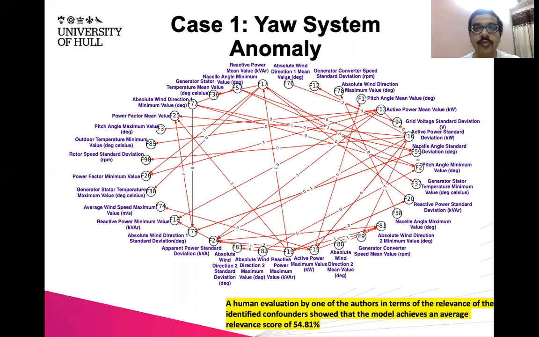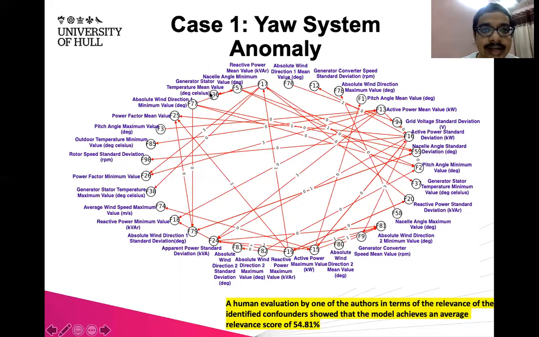So here we come to two examples I would like to discuss in this slide. So this is for a yaw system anomaly. And as you can clearly see, there are so many different relationships which are identified through causal reasoning for anomaly in the yaw system. However, I would like to mention a notable relationship.